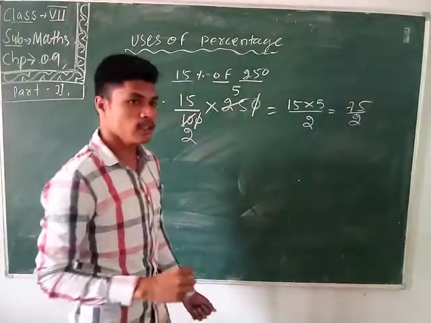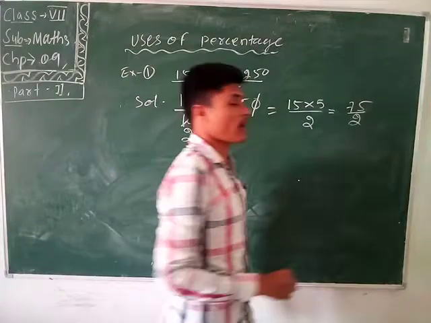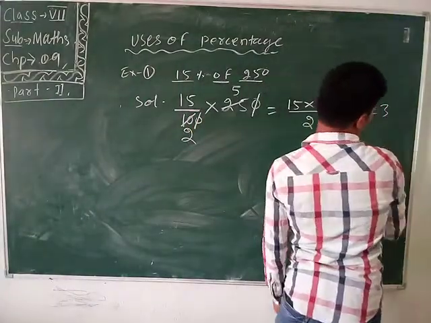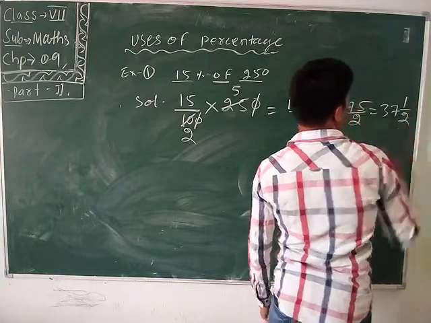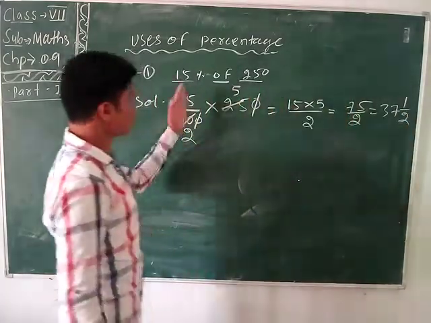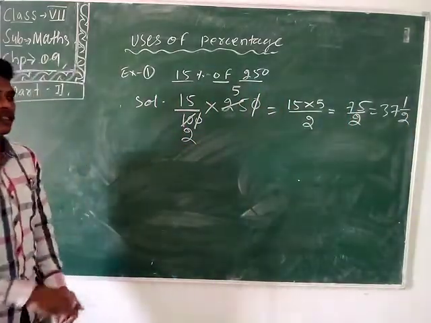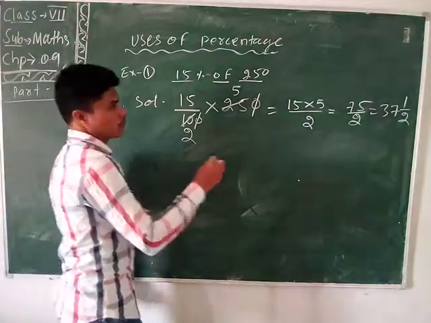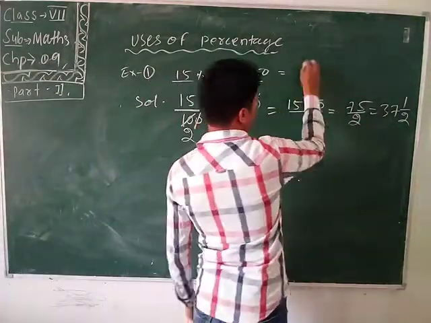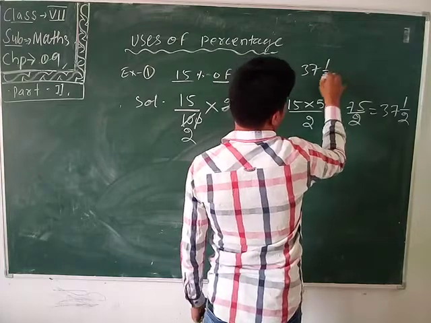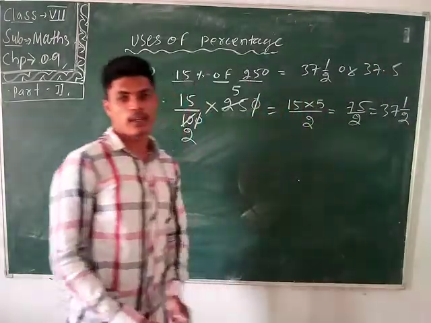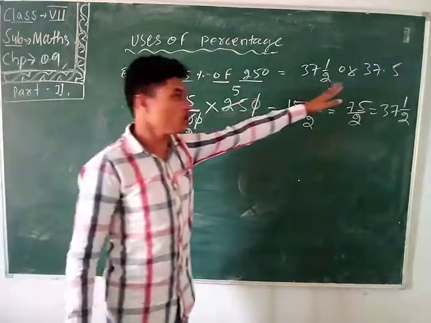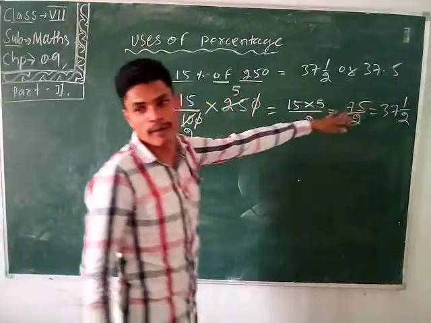Dividing 75 by 2 gives 37 whole 1 by 2. So 15% of 250 is 37 whole 1 by 2, or 37.5.